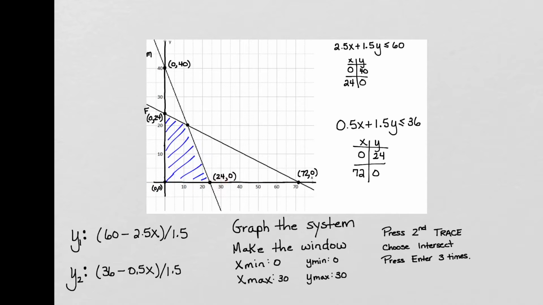I've already got this graph going, and I can see that I'm only interested in x values between 0 and 24, really. I'm going to just go up to 30 because it's convenient. And then the same thing for y, from 0 again to 30. Just include that 24 in there.